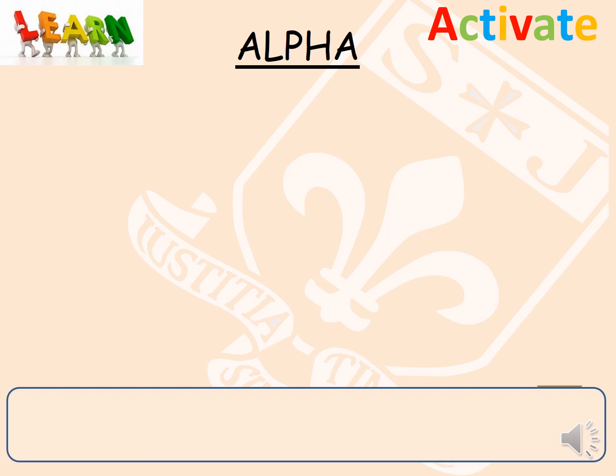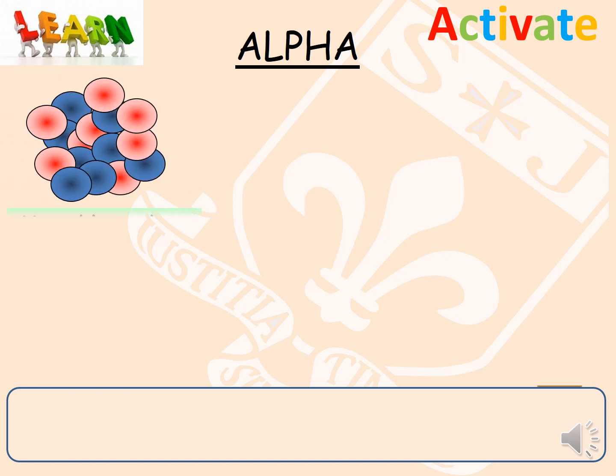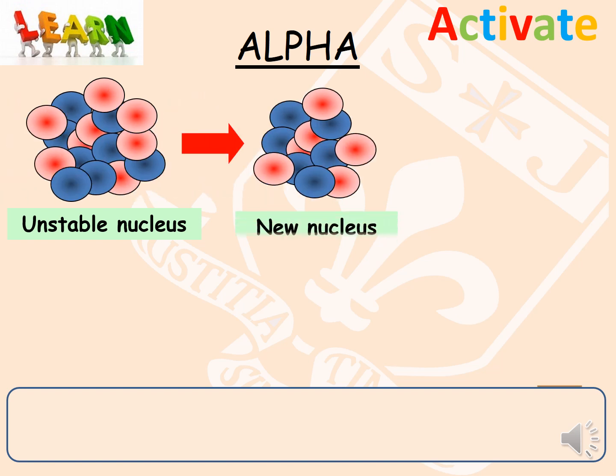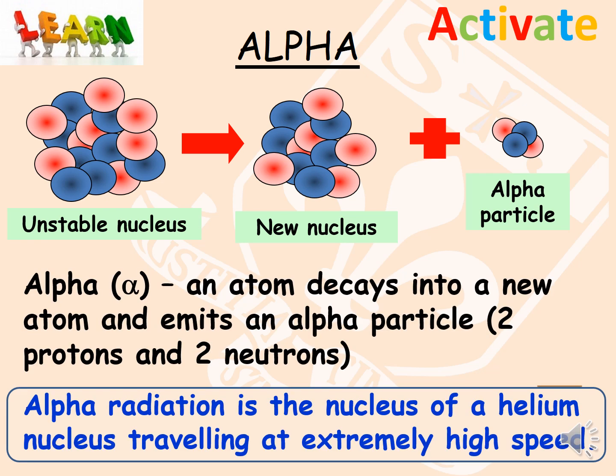The first type of radioactive material is alpha. As with all types of radioactive material, we start with an unstable nucleus, which once alpha is emitted, creates a new nucleus and the alpha particle. The alpha particle is actually made of 4 types of particle that we know about.